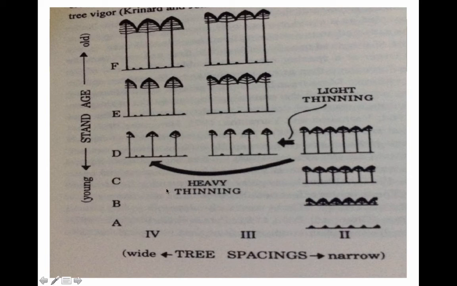So we're removing some amount of the overstory, and as we do, these trees respond. The canopy is able to expand, they're able to grow taller, they're also able to put on more diameter. And we see the level of thinning influences this crown development.